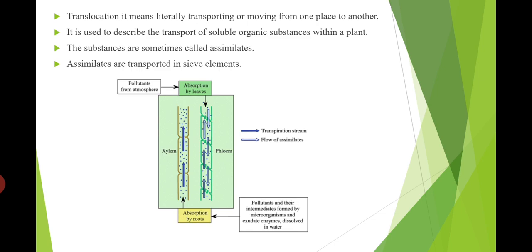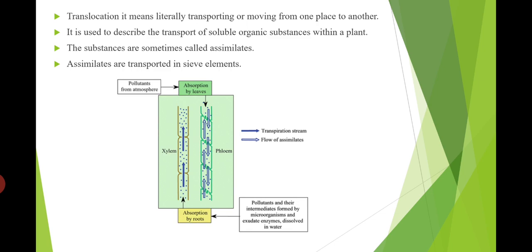It is mostly used for transport within phloem vessels, to transport the assimilates, which are organic soluble compounds, through the sieve elements, which are cells of the phloem vessel.